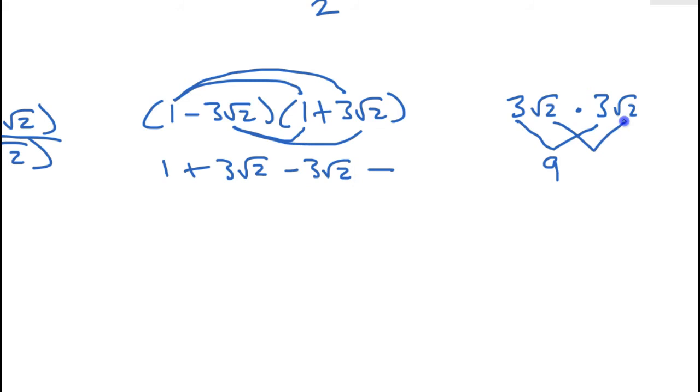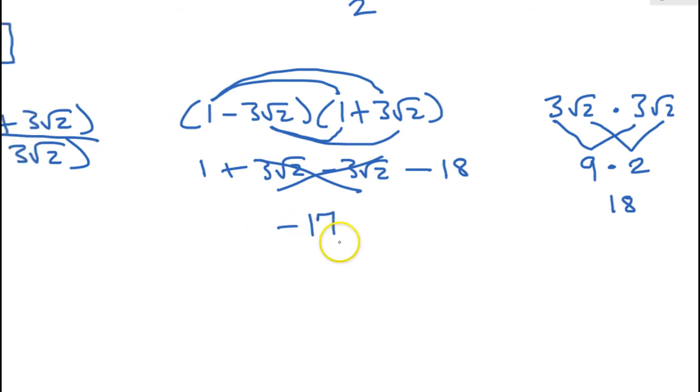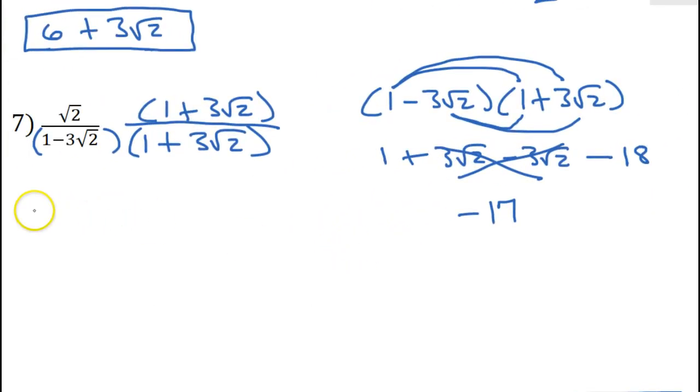Radical 2 times radical 2 is just 2. Multiply those and you get 18. These cancel out as always. 1 minus 18 is negative 17. So in the denominator, I'm going to have this negative 17.